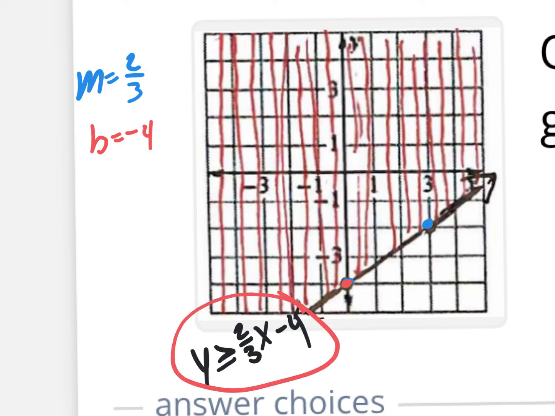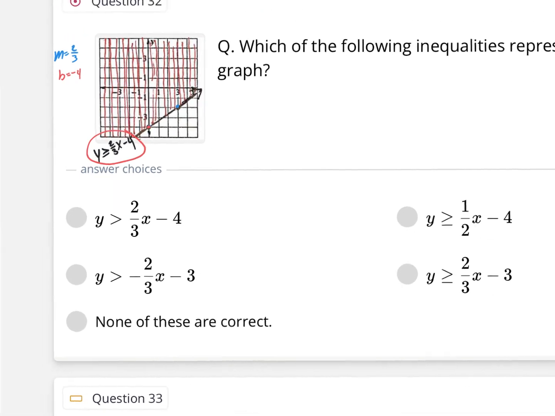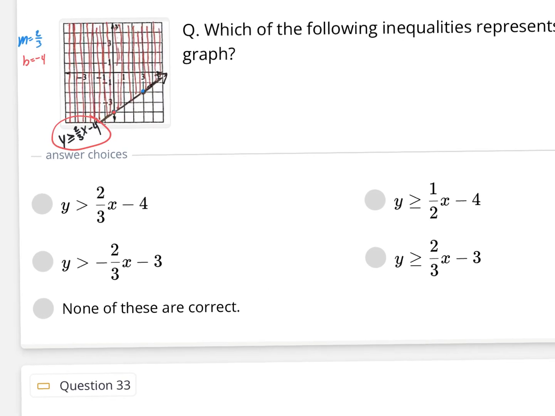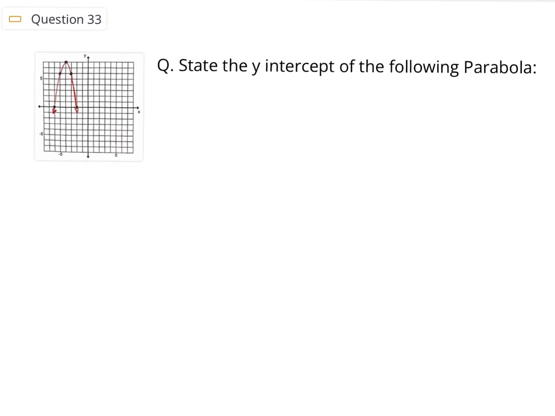Y is greater than or equal to 2/3 x minus 4. And apparently, none of these would be our answer, because this would have to be a -4 in order for that to work.